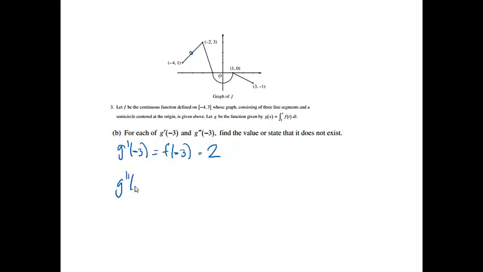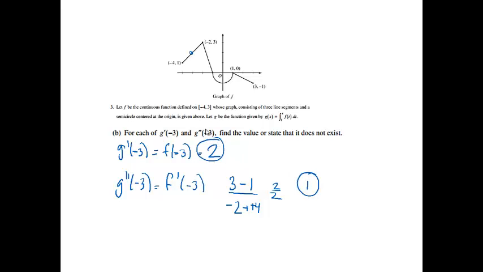And then g double prime of -3 is equivalent to f prime of -3. f prime is the slope, so I need the slope at -3. I am going to find the slope between those 2 points, which is 3 minus 1 over -2 minus -4, which gives me 2 over 2, which is 1. Once again, we get 2 points, 1 for the first value, 1 for the second value.